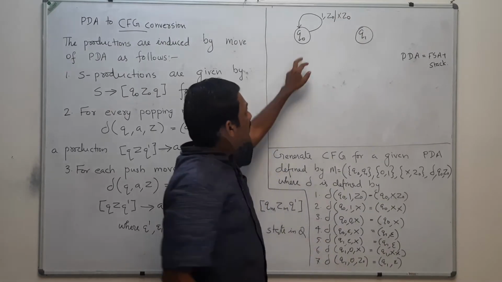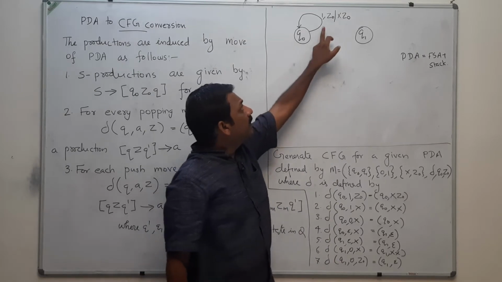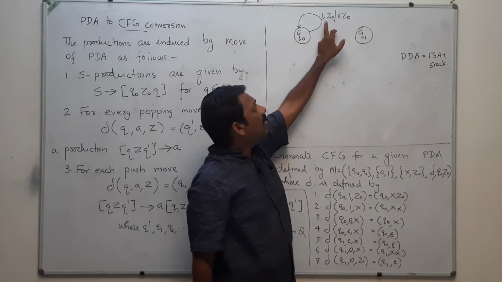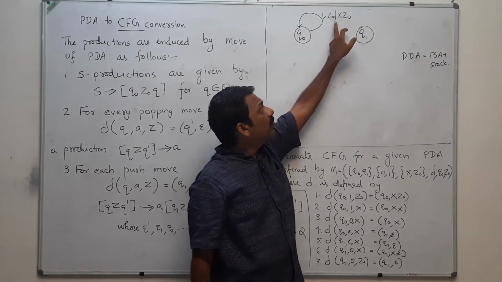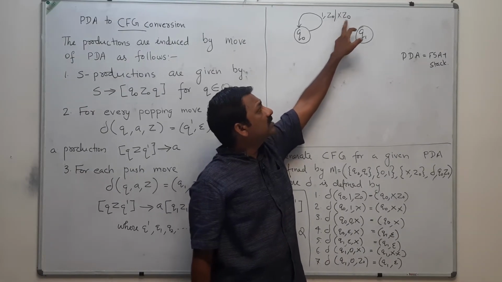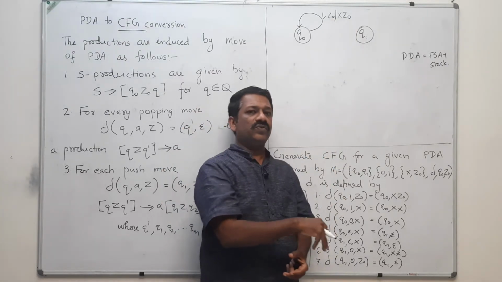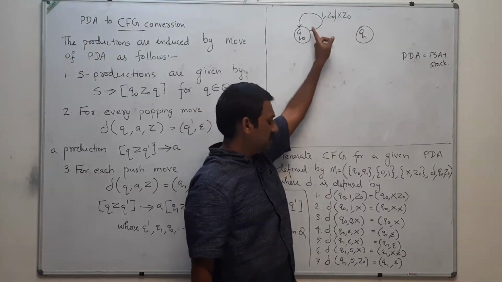In state Q0, if the input symbol is 1 and the current top of the stack is Z0, you replace that Z0 with XZ0, which means you are pushing X onto the stack. That is represented by this.